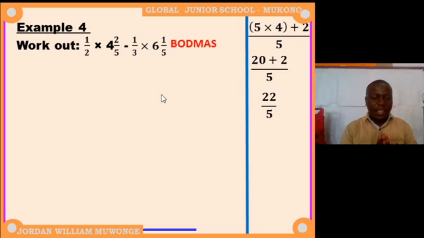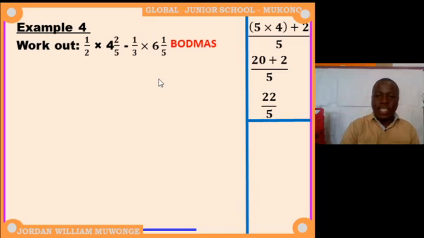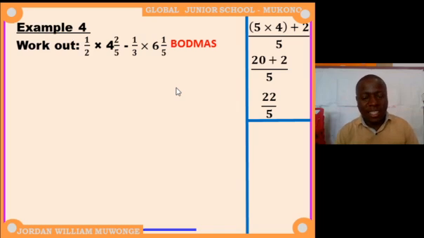Thank you. Let me give a chance to another person to change for us 6, the second mixed number here in the question, 6 and 1 out of 5 to an improper fraction. Yes, someone is getting ready. Aguta Gerald. Yes, Aguta Gerald. Can you change for us 6 and 1 out of 5 to an improper fraction?